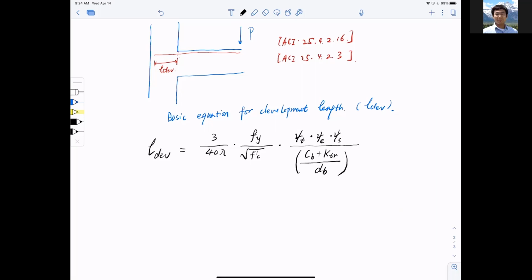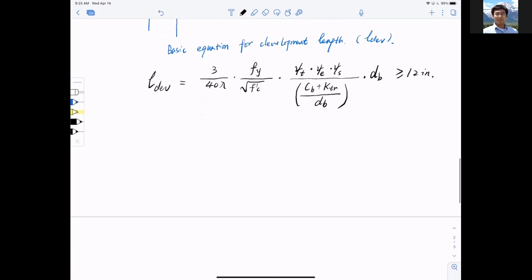This whole thing has to be multiplied in front of db, the bar diameter. This equation also ensures that the bar is embedded more than 12 inches inside the concrete to reach the yield strength. So that is the development length equation.